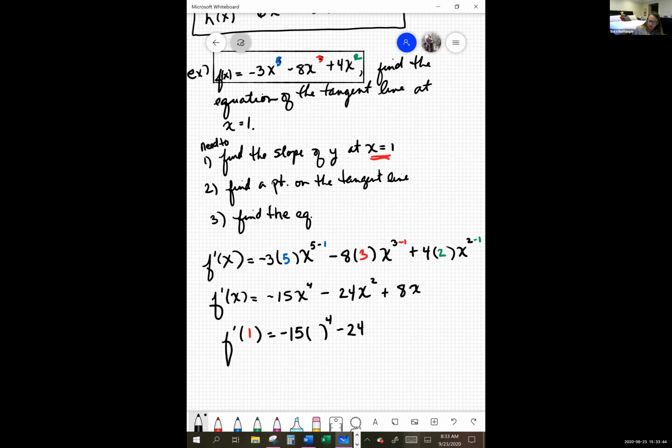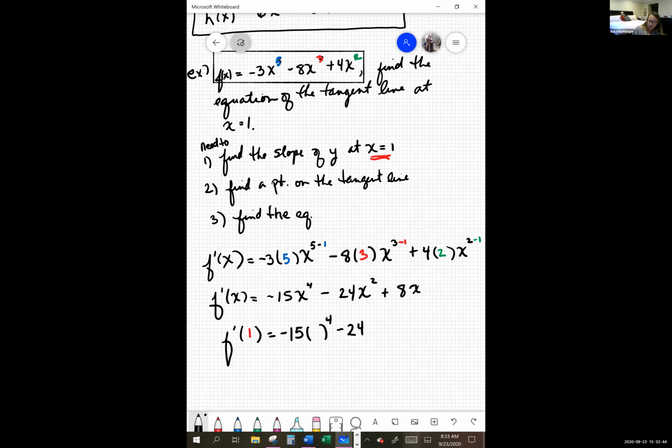Y is negative 7, which is equal to our slope, which we found was 1, times x, which we were given was 1, plus b. So we have negative 7 equals 1 plus b. Let's subtract 1 on both sides to get b by itself. So b is negative 8.